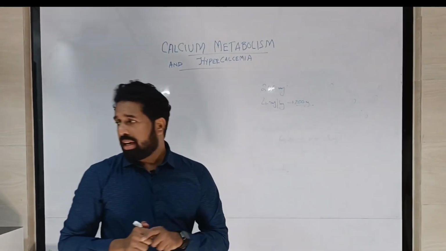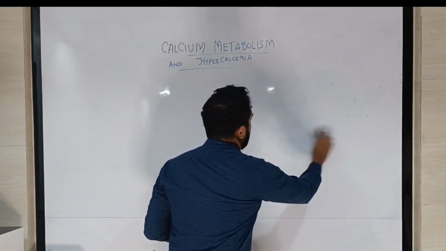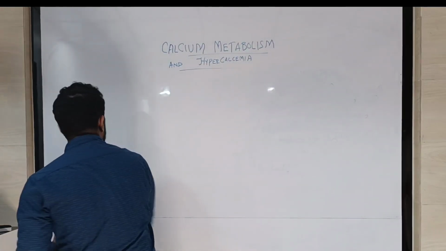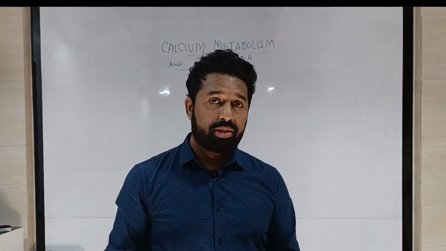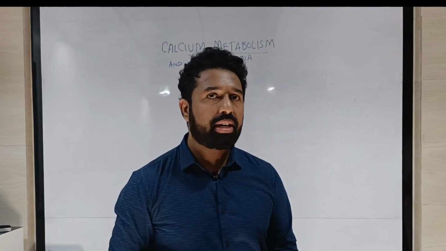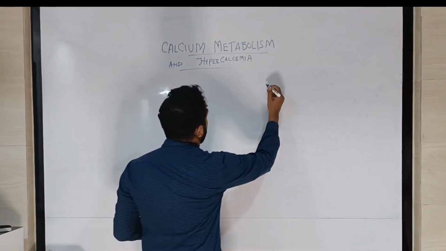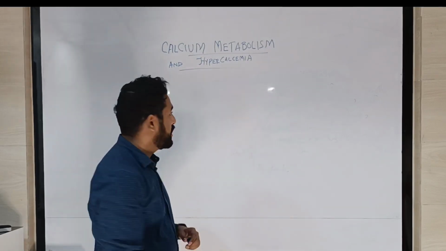Now I'll tell you in detail where calcium is handled in the kidney. Okay, in the kidney, calcium is handled in 3 places. 60% of the calcium is handled in the proximal convoluted tubule. It is a passive absorption of calcium. Then, as I told you in the presentation on hypokalemia, there is something known as the paracellular pathway.